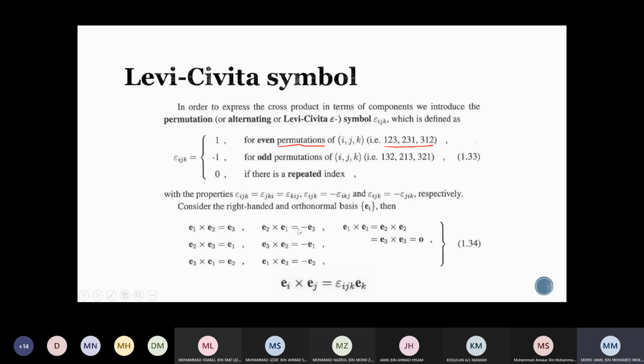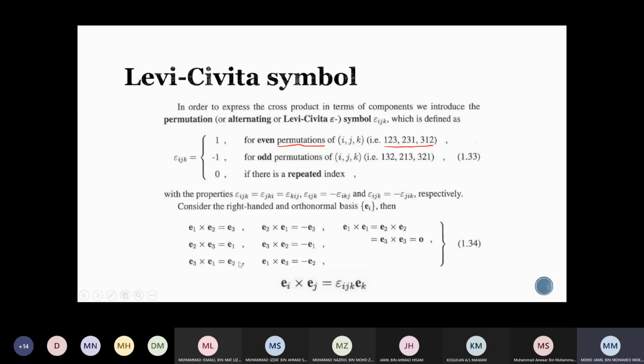So you get E3 but minus, okay, because minus 1 here for odd permutation. Similarly, E2 cross E3, this is even permutation, 2 followed by 3. So you get E1. If you have E3 cross E1, this is also even permutation. So you get E2.